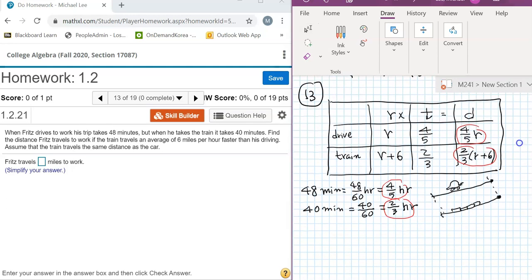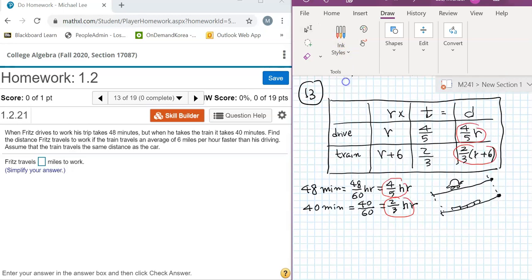So what they're saying here is this distance is the same. So you let those two expressions equal and solve it. Okay, so let's do it. 4/5 R equals 2/3 R plus 6. So now you multiply both sides by common denominator. What is the common denominator, you think? It is 15, isn't it?